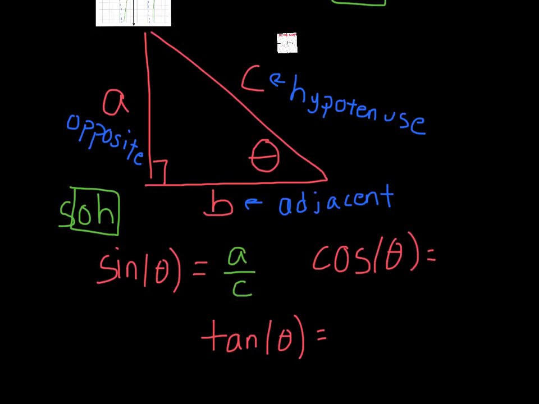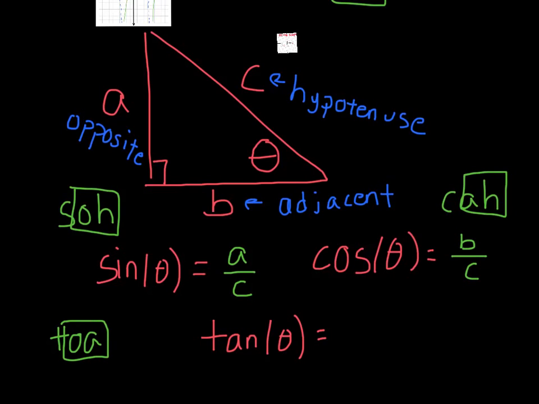Our cosine, if you remember, was CAH. Adjacent over hypotenuse. So we could write this as adjacent, which is B, over hypotenuse, which is C. And tangent, which was TOA.